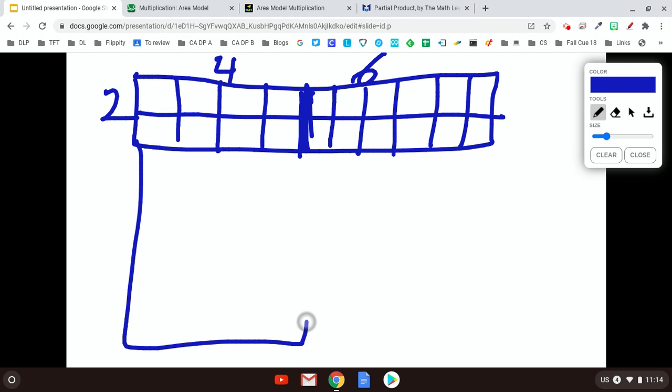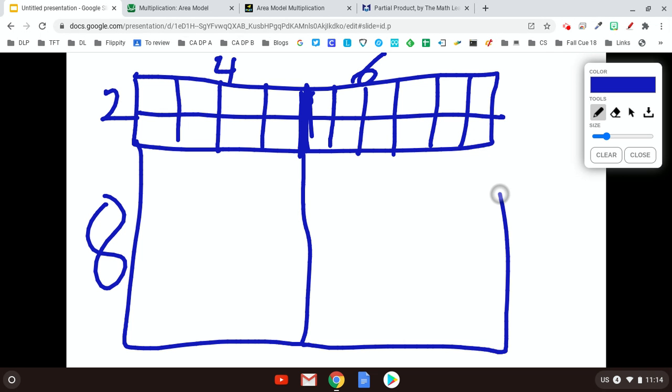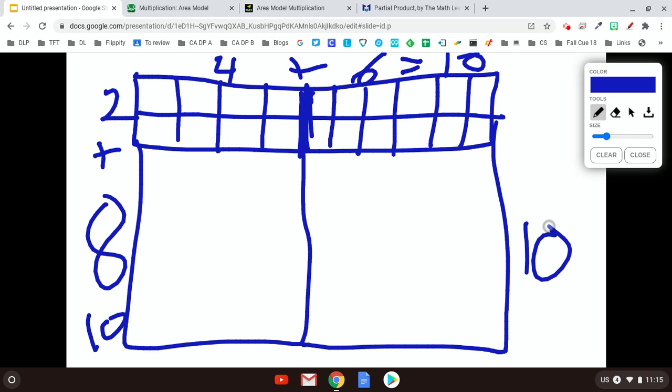Well, we now know that we have an 8 by 4 and an 8 by 6. So we could see that, oh, okay, we have this number is 10 and this is 10. It's a 10 by 10 square. So our answer is 100.